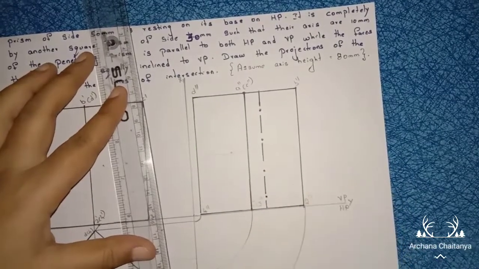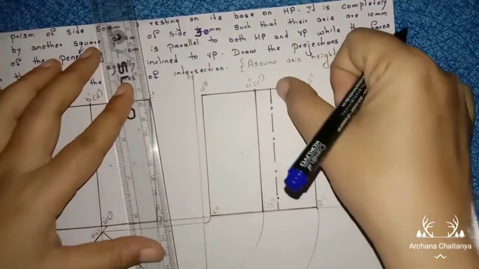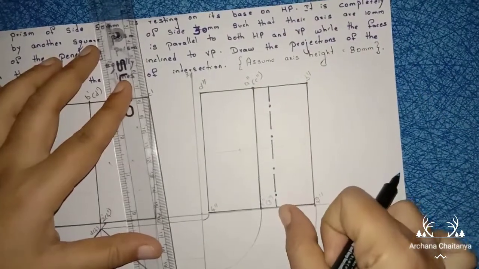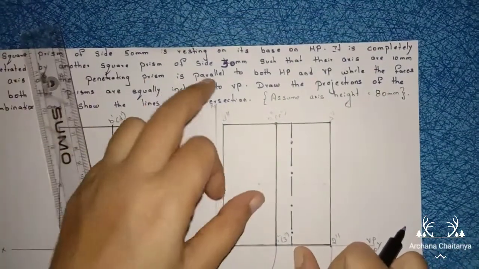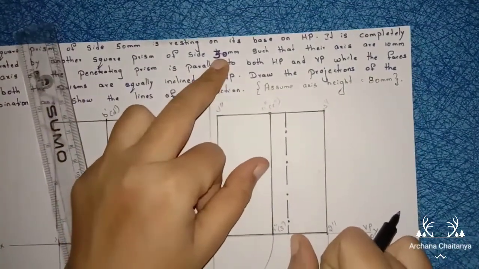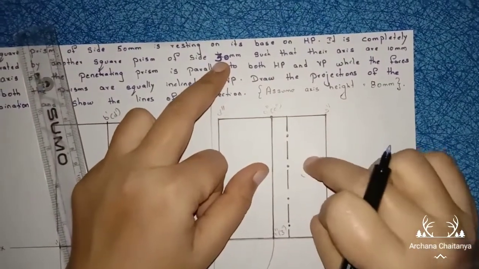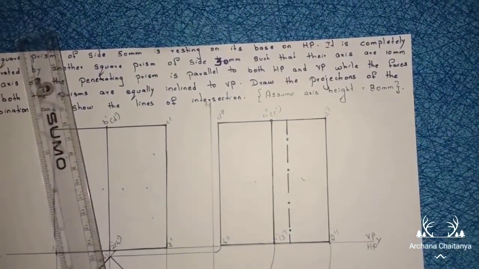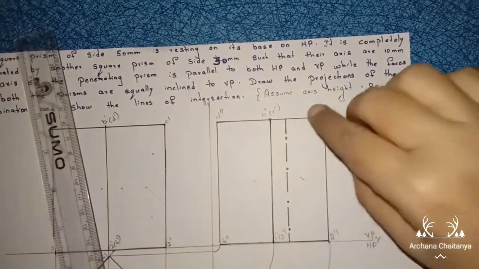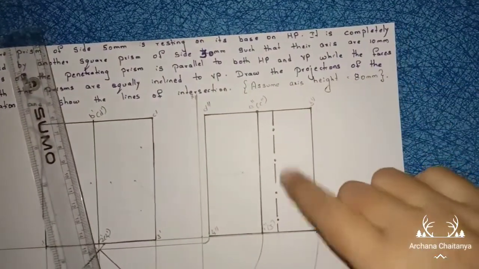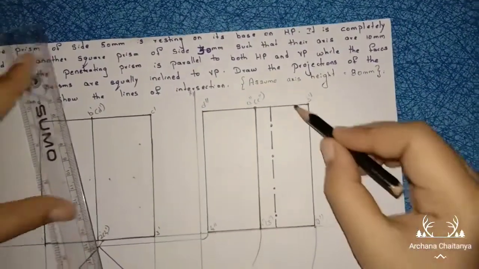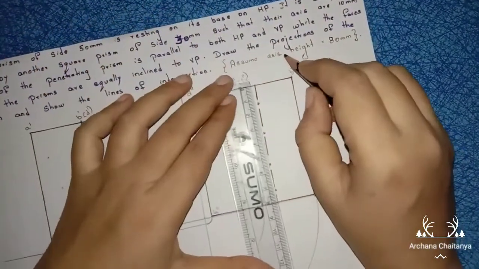Now after constructing this axis line, with respect to this axis line you have to construct the square prism of side 30 mm. So how will you construct the square prism? First of all, with respect to this axis line we are constructing the square prism. The length of this axis is here 80 mm.